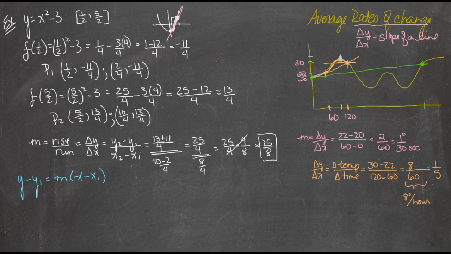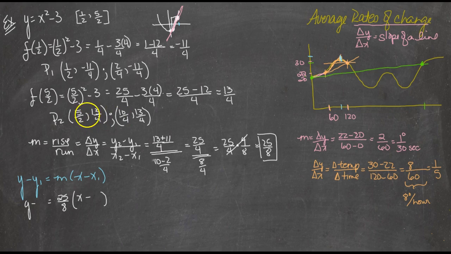So let's go ahead and figure out the equation of this line that we're working with here. Well, we know what the slope is. It's 25/8. So we can just plug that in. And then we're going to use y minus, we need to plug a y value in there, and then x minus, we're going to plug an x value in here. And which one should we use?